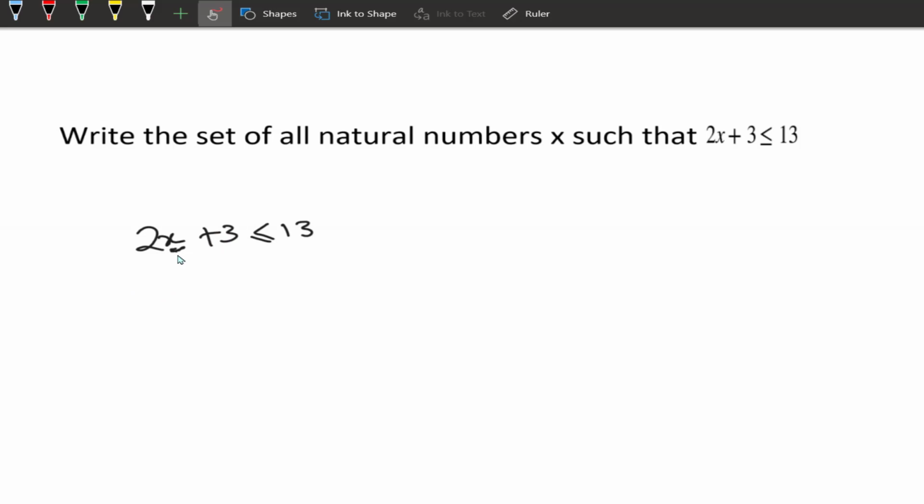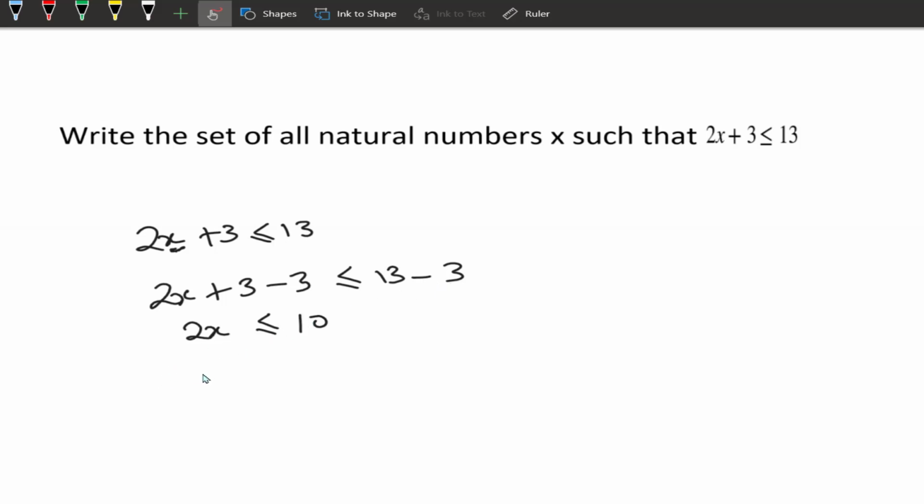So in isolating x, I solve this inequality. It will be 2x plus 3 minus 3 is less than or equal to 13 minus 3. So I'll get 2x less than or equal to 10.